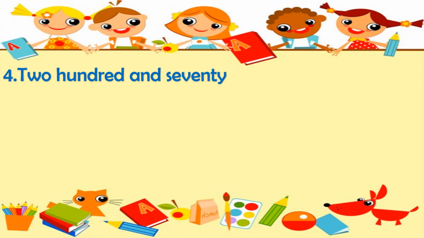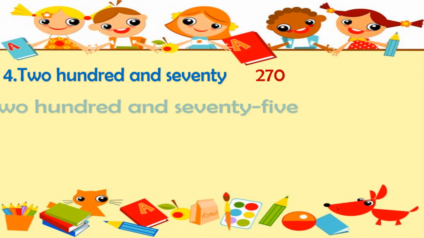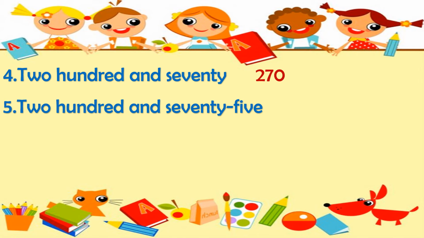Two-hundred-seventy. 270. Look at the number in symbols. 270 in number symbols is 2, 7, and 0. Number 5 vocabulary that is written in words is 275. Let's spell the word 275, students.